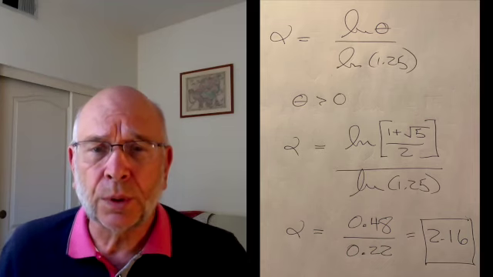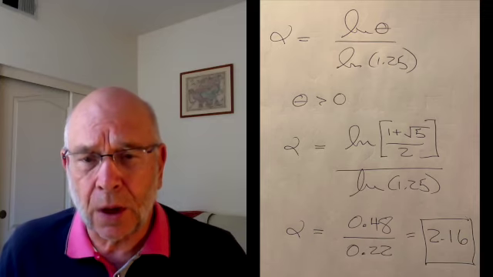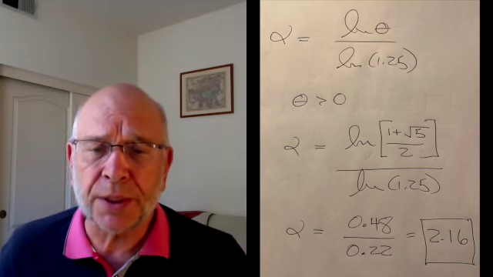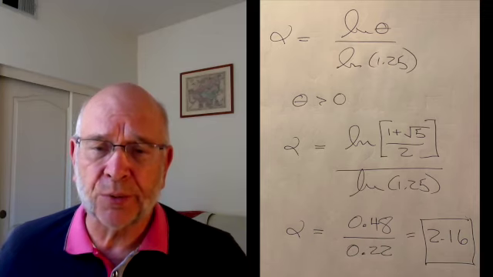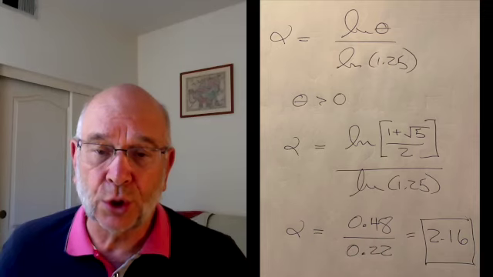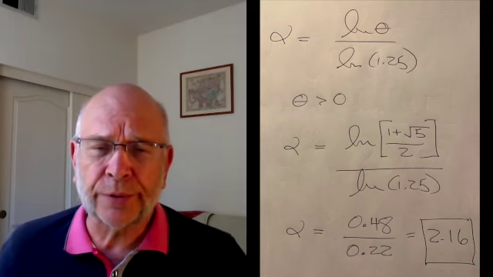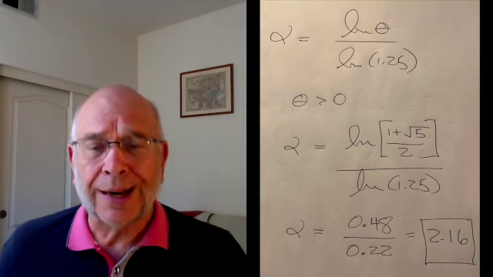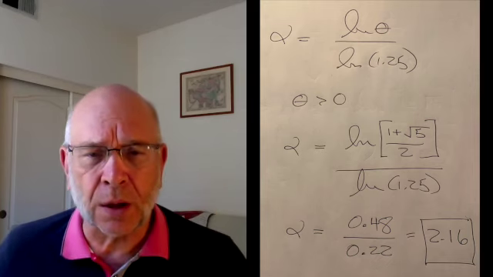So here we go. Theta, remember, is positive because we're taking the log, and you can only take the log of a positive number. So we get 1 plus the square root of 5, because if we had looked at the other alternative root, 1 minus the square root of 5, this would have been negative, and hence we couldn't take the log of it.